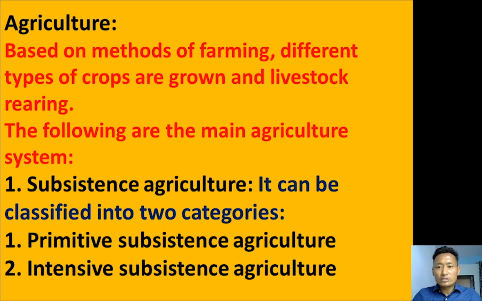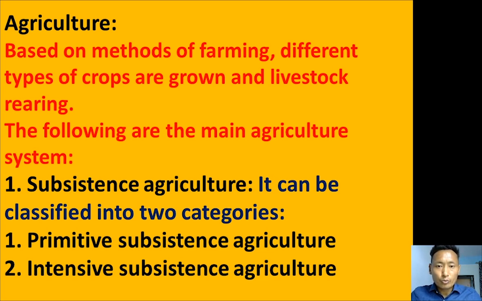Why is agriculture called a system? First we have to sow the seeds. In order to sow the seeds, we have to plow the agricultural land, and we have to put water in the land with the help of different tools and technology. That is called input. Process means the growth of the plant.